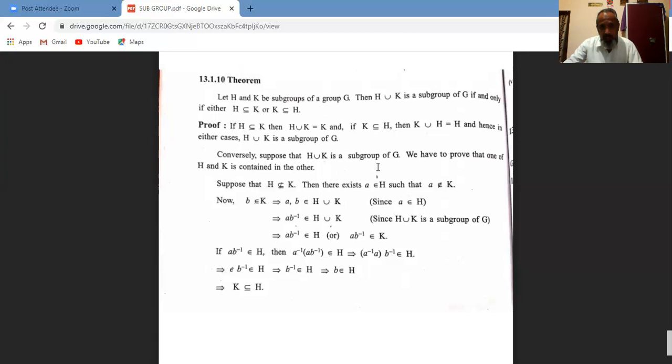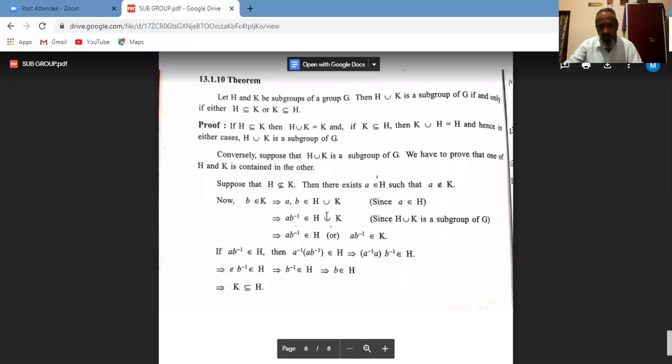If H union K is a subgroup of G and A, B belongs to H union K, by the first theorem of subgroup, A into B inverse belongs to H union K. So A into B inverse belongs to H or A into B inverse belongs to K, because this is a union.